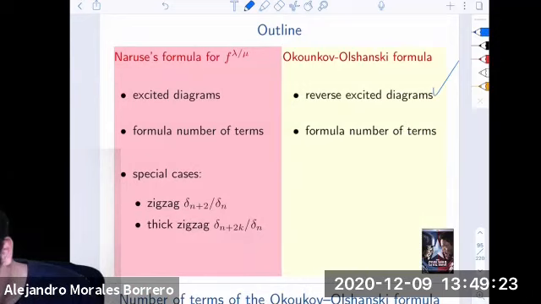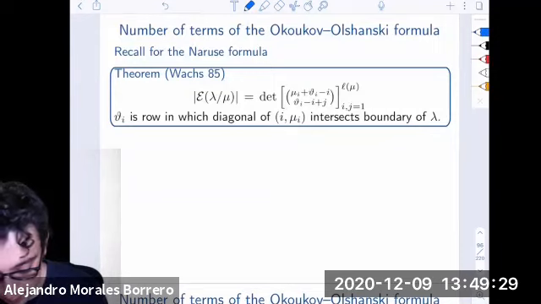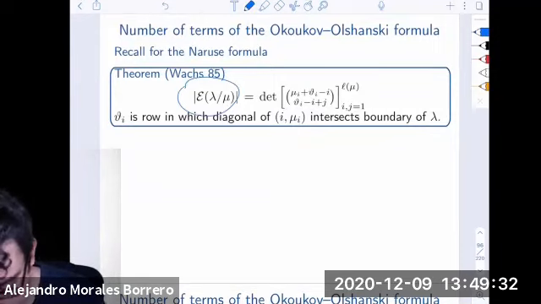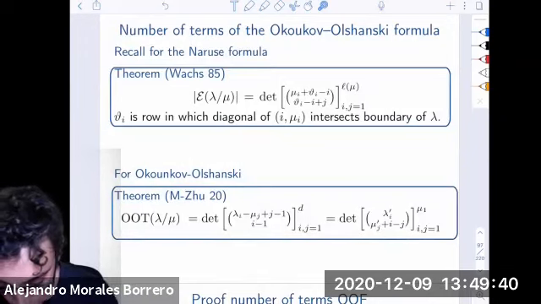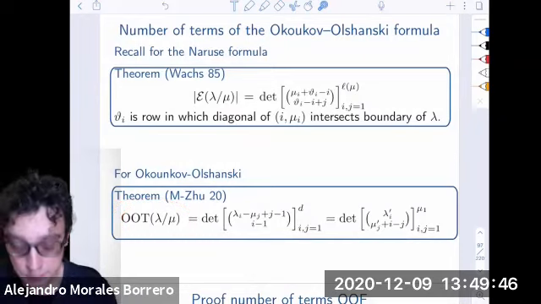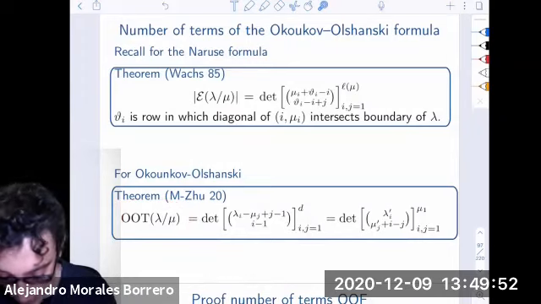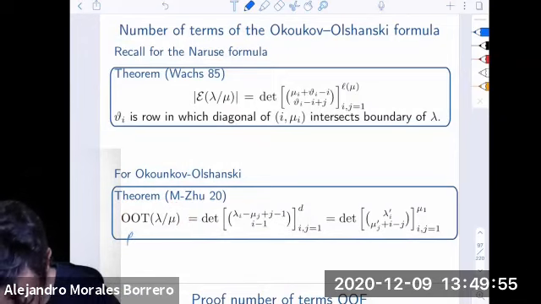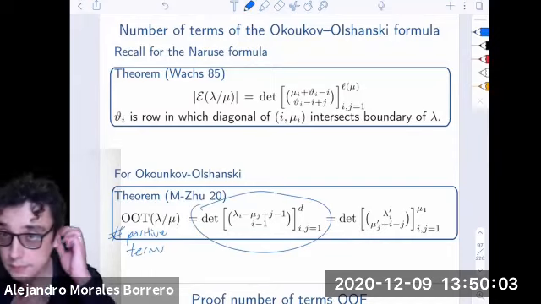Okay, so I've told you about this. So how about the number of terms? Remember the number of excited diagrams in the Naruse formula is given by a determinant. Now with Daniel, we showed that for the Okounkov-Olshanski positive terms, not the zeros, because if you include the zeros, there's a product formula for them, the Stanley content formula, but for the positive terms, the number of positive terms also has a determinant formula, and there are two of them.